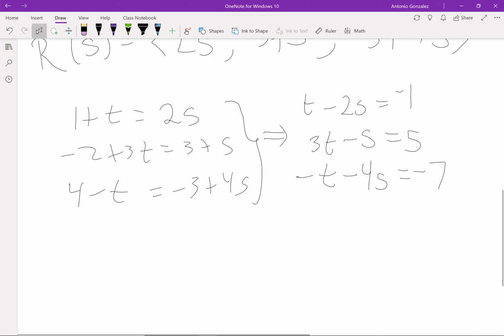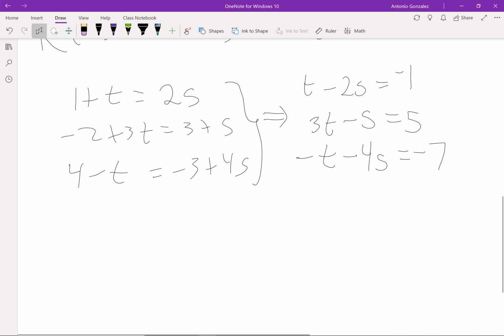And I want to solve this system. However you want to solve it, elimination or substitution, when it's more than two equations I personally prefer using an augmented matrix, where the first column is the coefficient of the t variable, the second column is the coefficient of the s variable, and the last column is the constant terms on the other side of the equal sign.